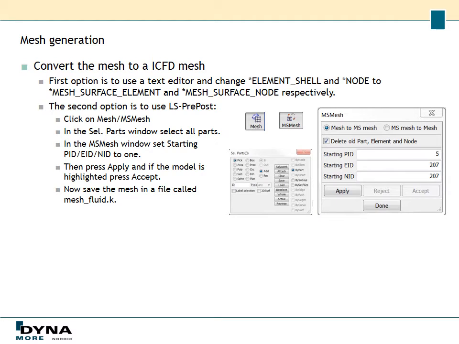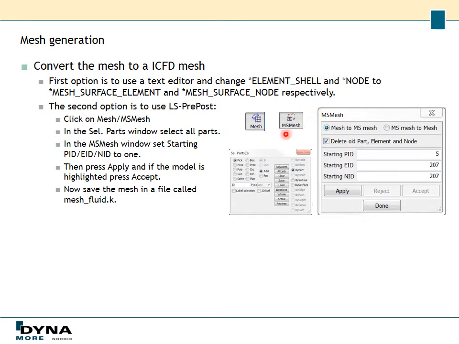When you have output your mesh, you have to convert it to the eCFD mesh format. You have two options for this: either use a text editor and change the element shell and node to mesh surface element and mesh surface node respectively.